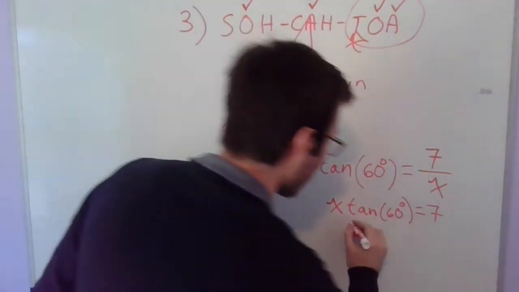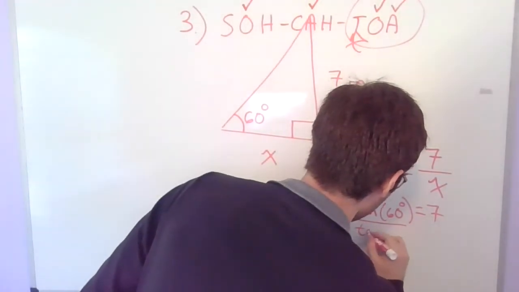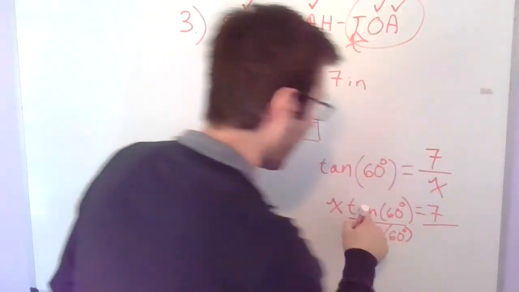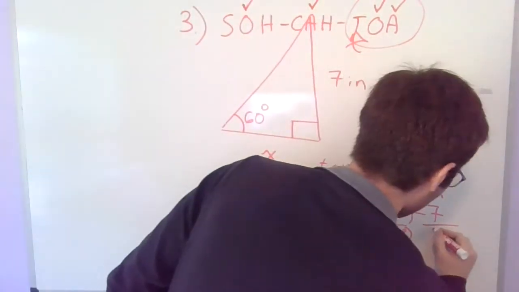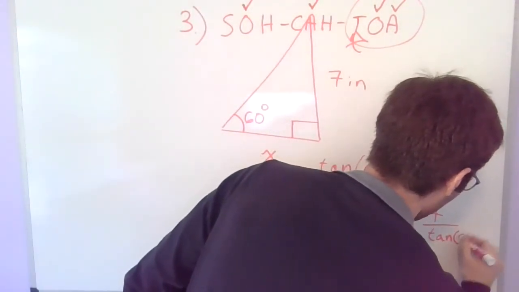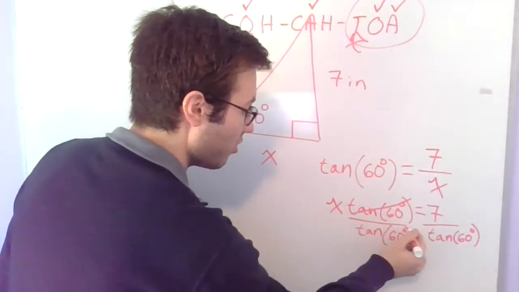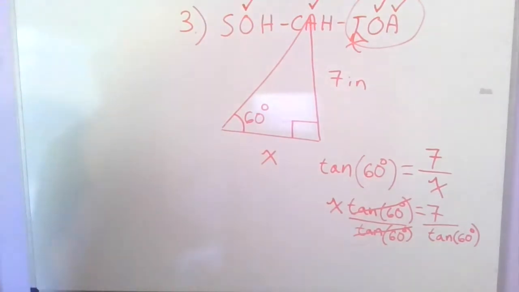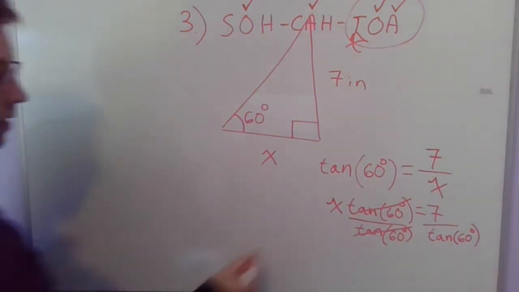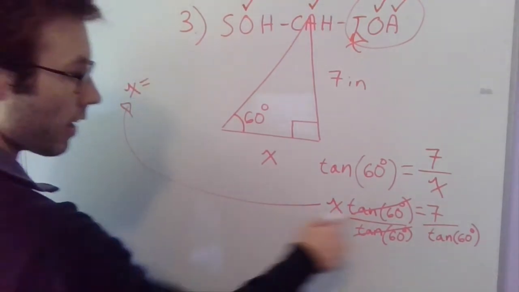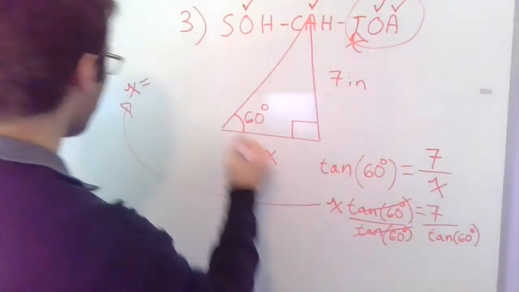I divide both sides by that entire quantity, tangent of 60 degrees. This whole thing is just some number. That cancels out. So I have x equals 7 over tangent of 60.